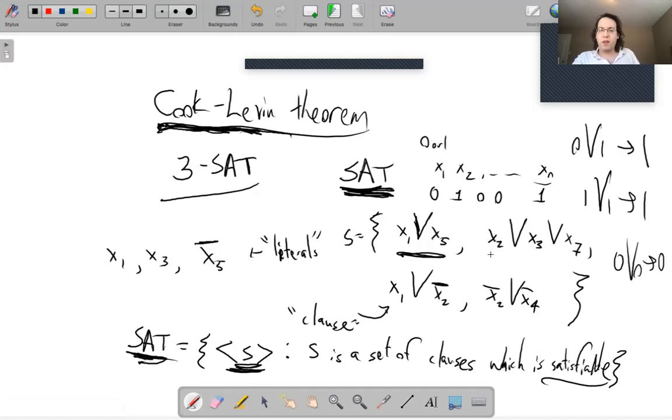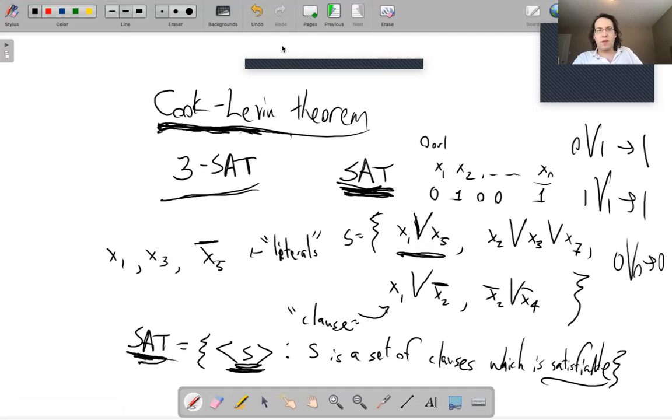The instance I wrote here is a 3SAT instance because every OR here is an OR of at most 3 literals. In SAT, you can have ORs of more than 3 literals, but in 3SAT, they each have at most 3 literals.